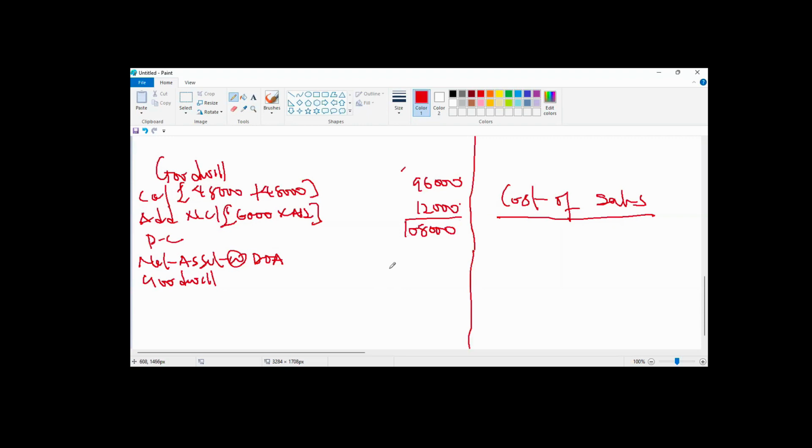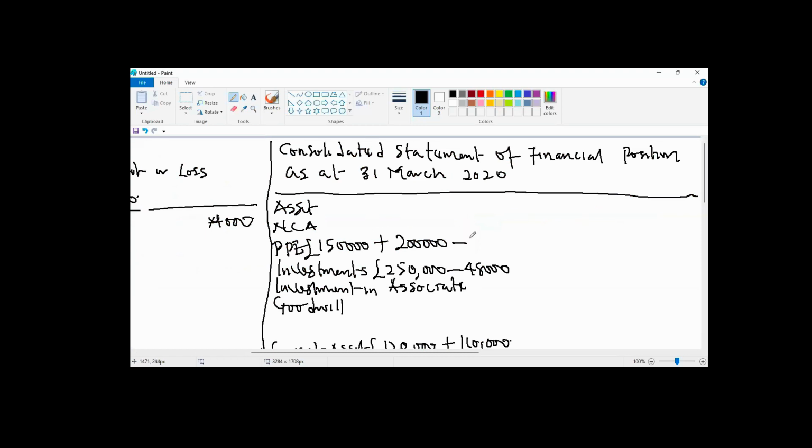Additional information 2. At the date of acquisition, the carrying value of the net assets of Prince were approximately equal to their fair values, with the exception of land, whose fair value is 20 million below the carrying amount. Below the carrying amount: PPE credit minus 20,000. I'll go to the reserve that I've opened, the net assets.